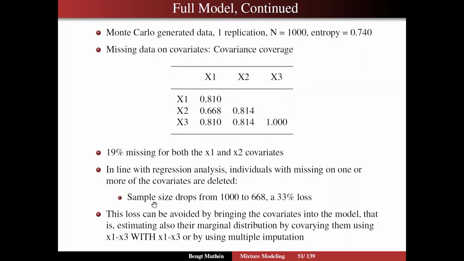And then the sample size drops from 1000 to 668, which is a 33% loss, a pretty big loss. 0.668 is the same as this number here, where X1 and X2 are both observed.